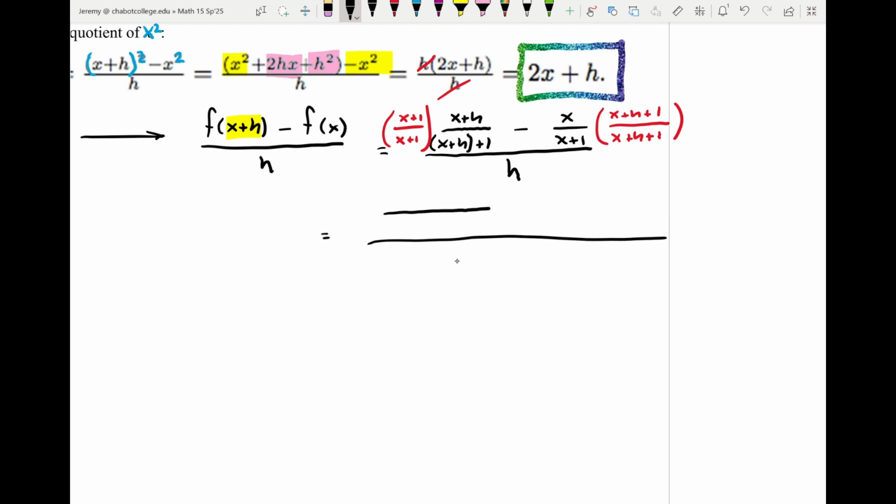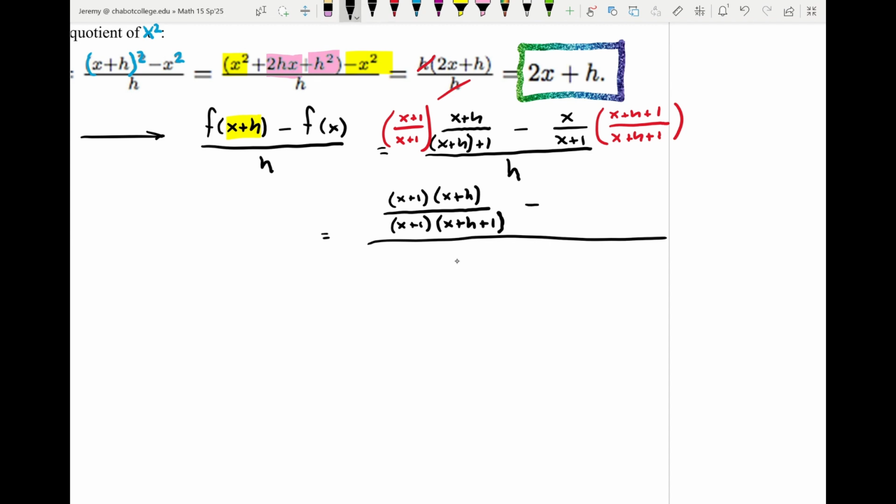So in the numerator, we'll get x plus 1 times x plus h, and in the denominator, we'll get x plus 1 times x plus h plus 1. I'm getting rid of these parentheses up here just because addition is associative.